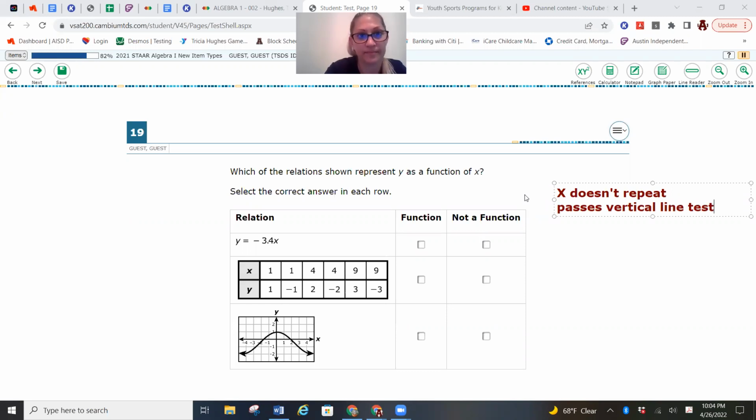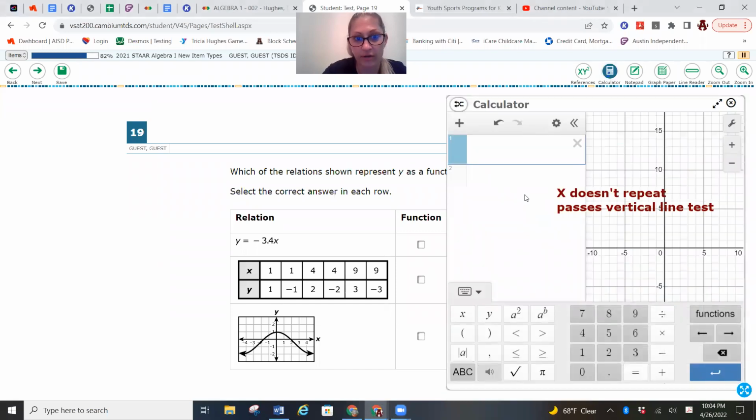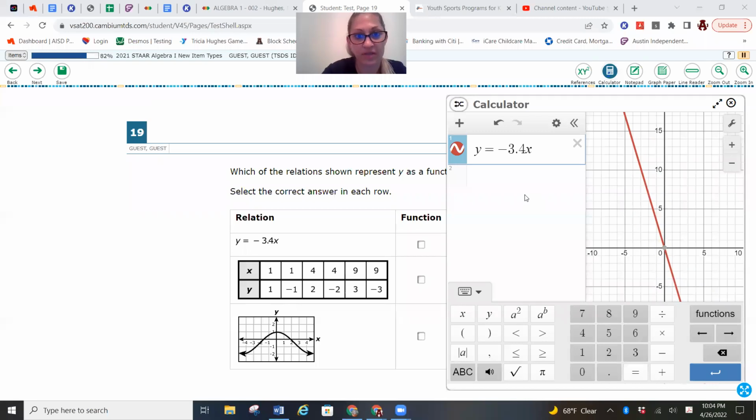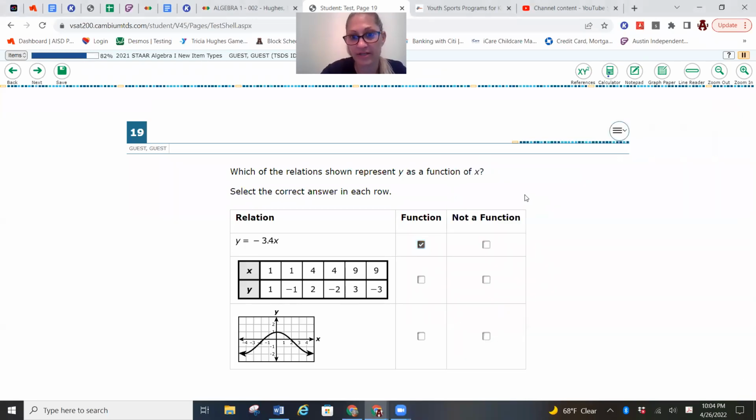So pull up your calculator and type in y equals negative 3.4x. Okay, that's a line. It passes the vertical line test because I can draw a vertical line anywhere on here and it just touches my line one time. That means that is a function.